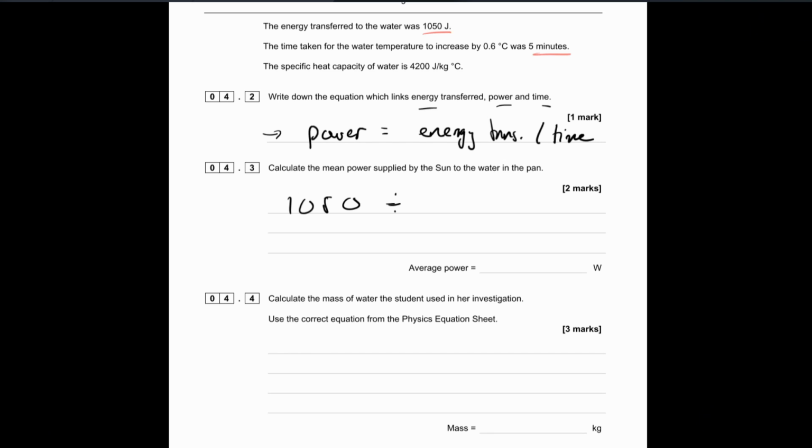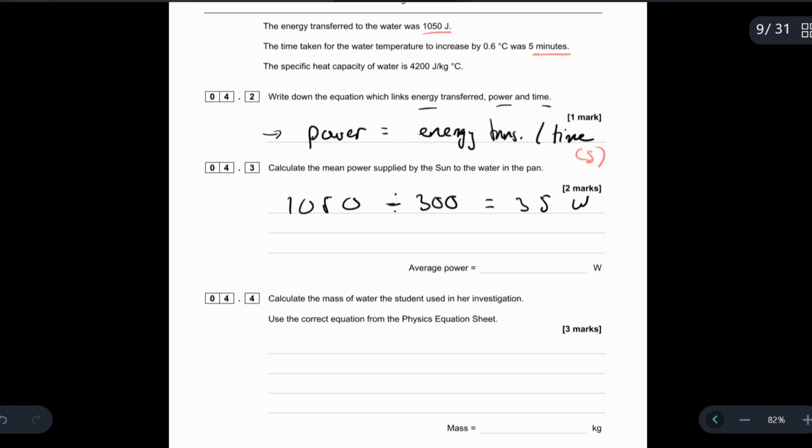The time, you can't just put it in as 5 minutes. We need to work that out in seconds because the units in this equation should be seconds. So 5 minutes in seconds is 300 seconds. And so 1050 divided by 300, and you should get 3.5 watts. The unit in this case is given to you, and it is watts.